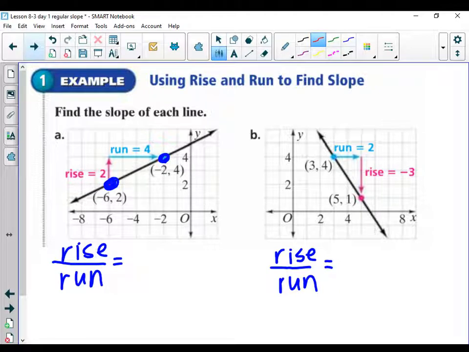How do you think they got a rise of 2? They went up two. They basically traced the boxes. Here's one box. Here's 2 boxes. So in my ratio, I'm going to put 2 on the top.